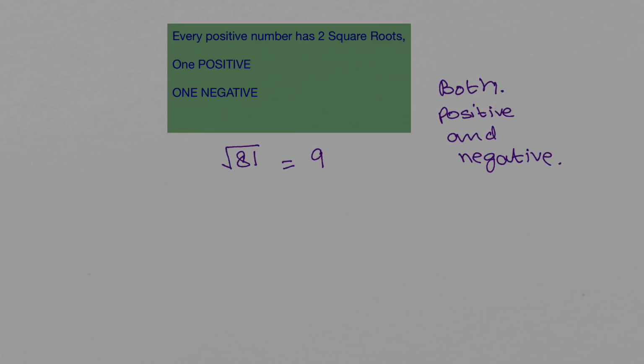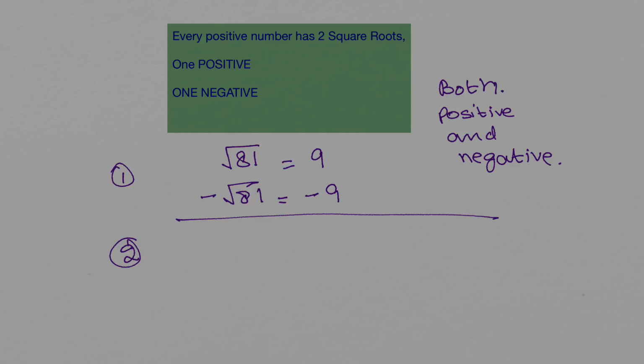This is the positive one, and you can write the negative one like that. Second example for both positive and negative square roots, an easier one: root 4 equals 2, and for the negative, minus 2. The calculator only shows us the positive square root.